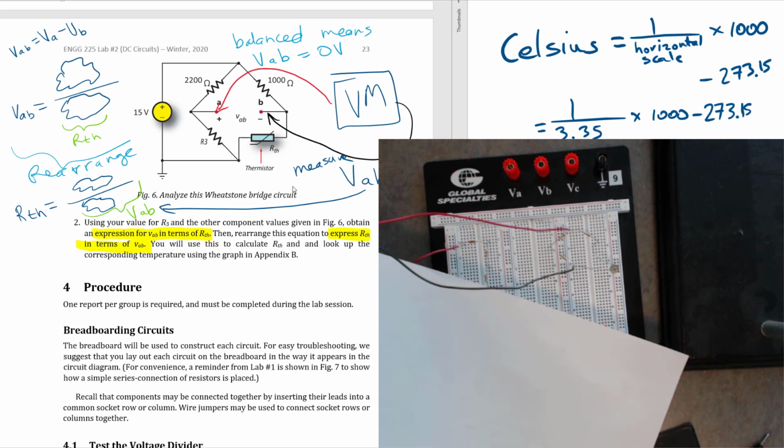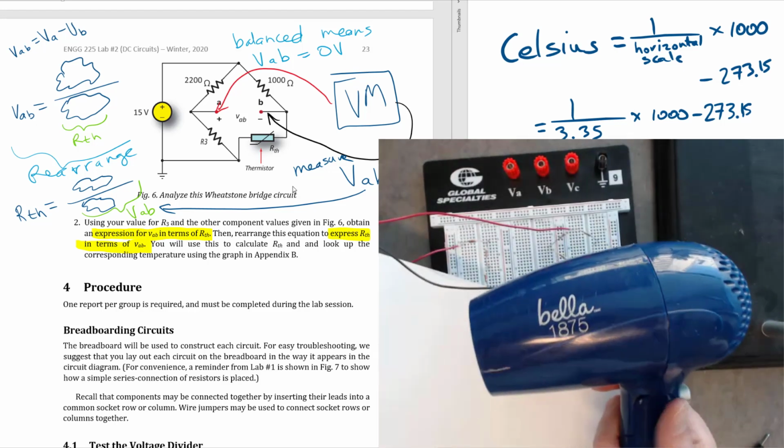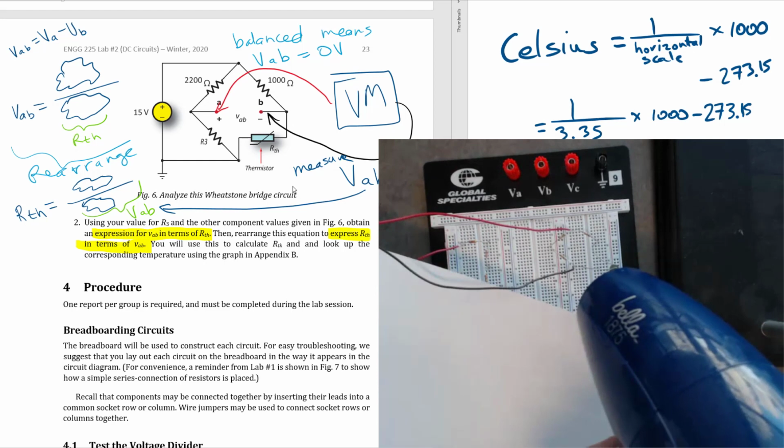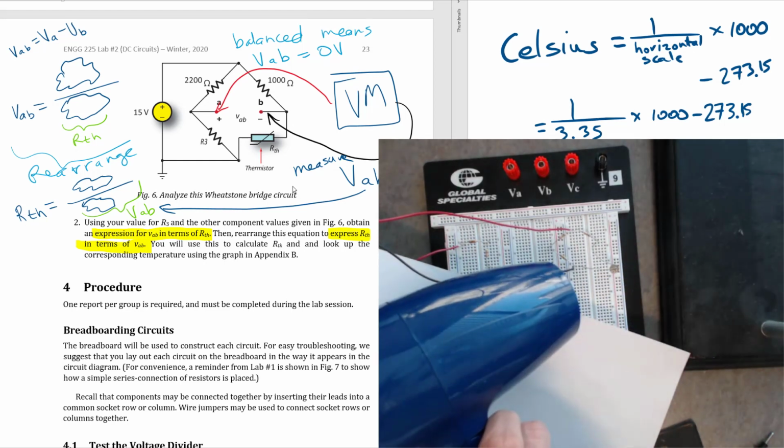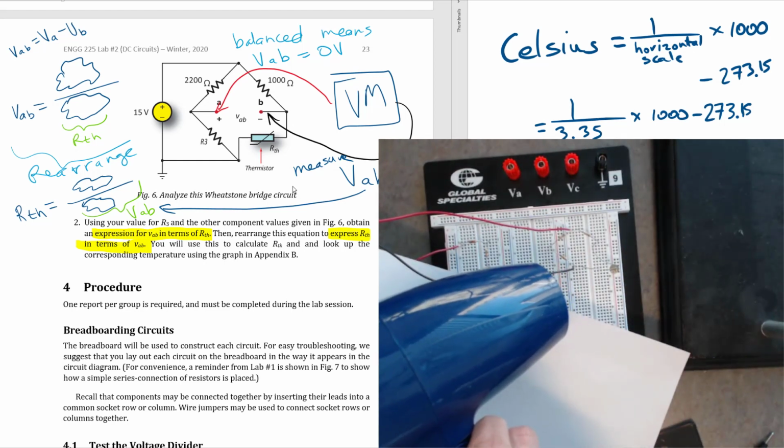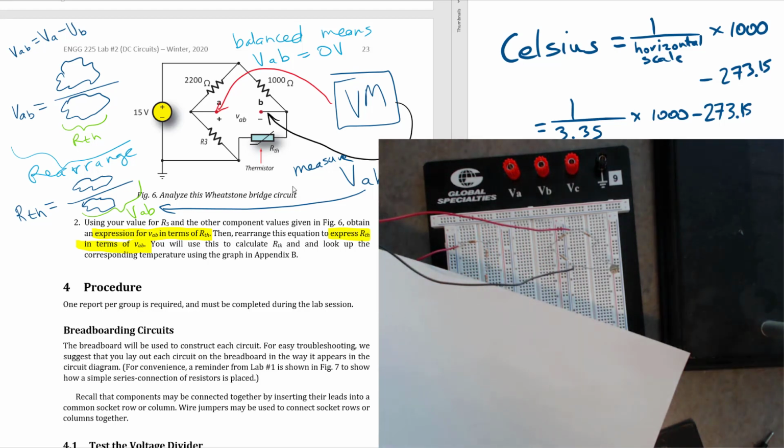And so it sprays a liquid which then evaporates, and that's what makes the thermistor cold. And then another test that we're going to do is we're going to use a hairdryer, and we're going to use the low setting on the hairdryer, and then apply heat to the thermistor, and then see what temperature we can read. So that's the lab.